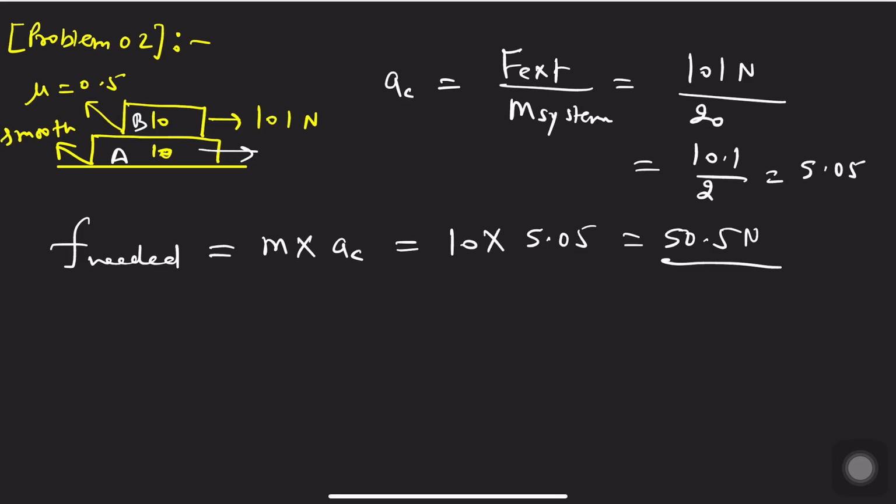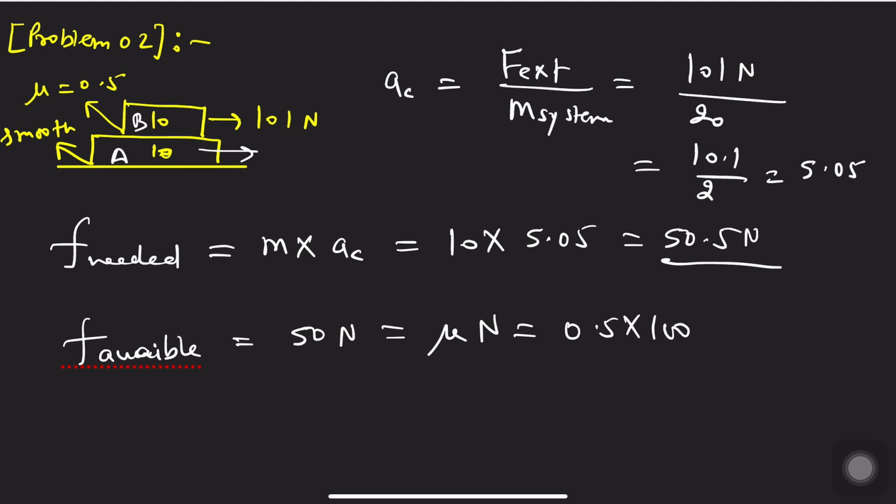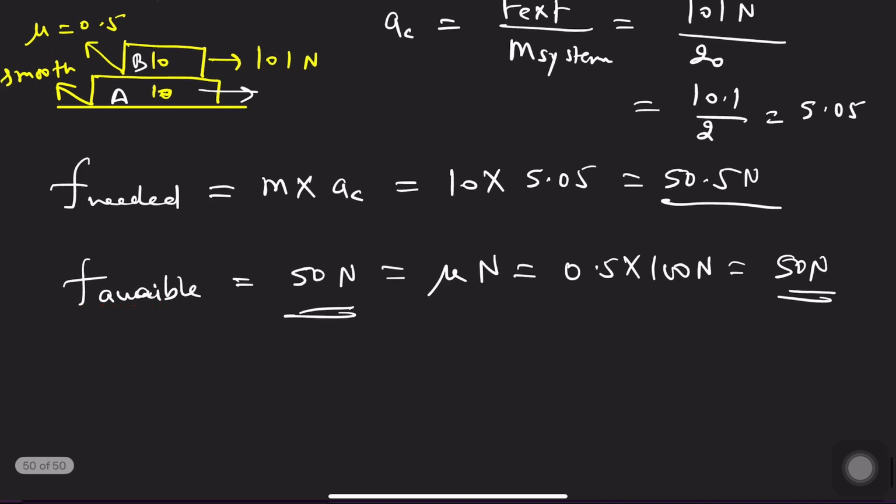Now, if we remember F available, in the last question we saw that F available was 50 Newton, which we get from mu into N. Mu was 0.5, and N is 100 Newton, so this is 50 Newton only. So F available is 50 Newton, but F needed is 50.5.